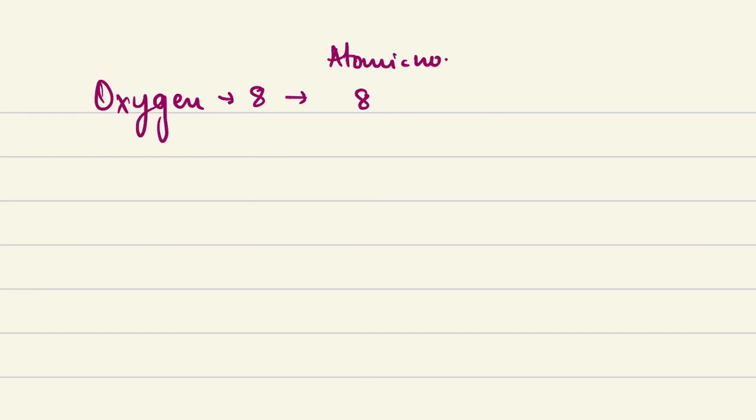So suppose we are talking about oxygen. If we look for the place of oxygen in the periodic table, it would be 8, because its atomic number is 8. That means the number of protons is 8 in oxygen, and the number of protons and neutrons are almost equal, I mean, it is equal for lower elements.